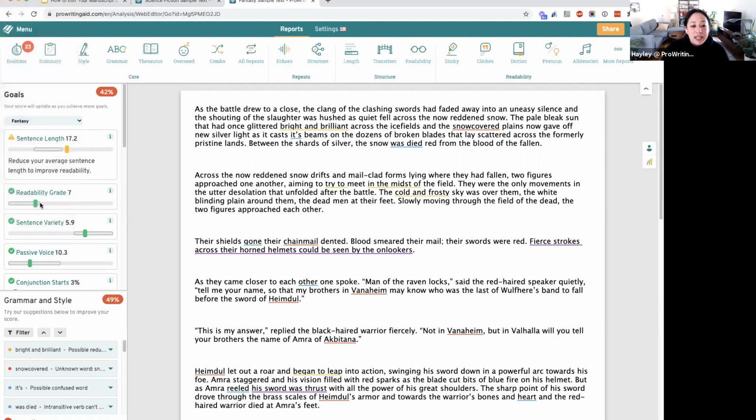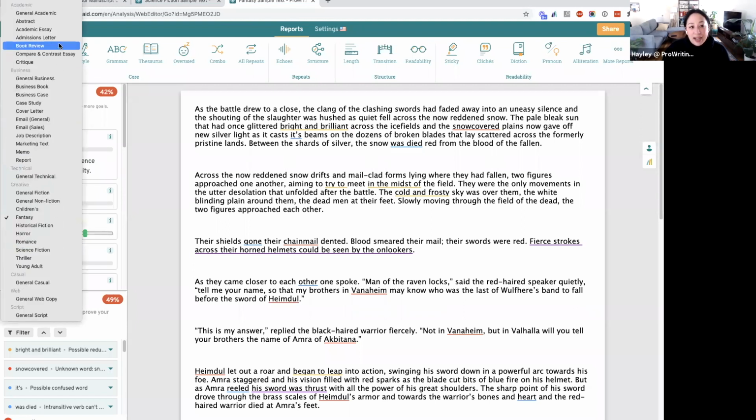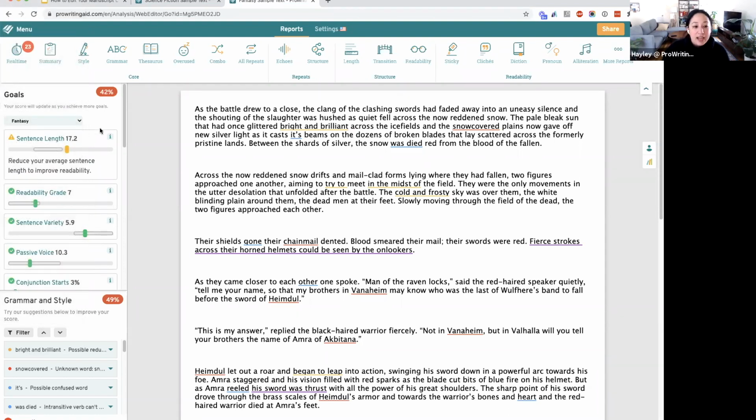So it tells me that my readability grade is in an appropriate range for my specific genre. If I were to change this to academic, or if I were to write in business or anything like that, my ranges for each of these goals would change. So we've added custom suggestions based on your genre, using other text in your genre, so that you are able to make appropriate decisions for what you're writing.